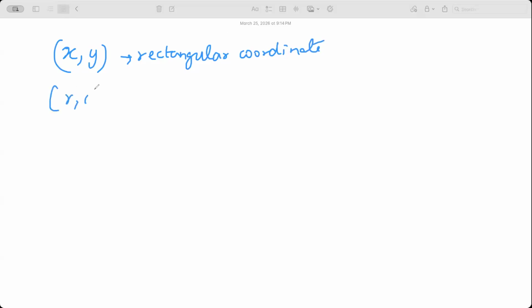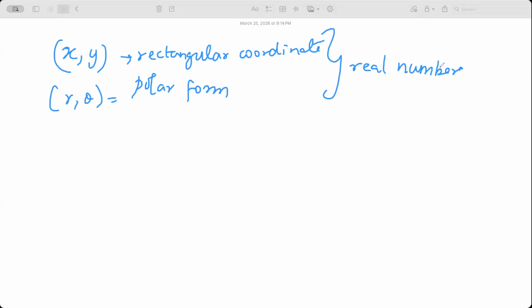See, x comma y coordinate is the rectangular coordinate. Now you're going to convert it to r comma theta. This is the polar form. Okay, all these are with real numbers. Okay, we entered the realm of complex numbers. It's a little tricky.